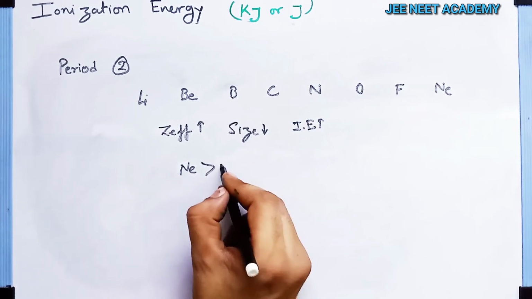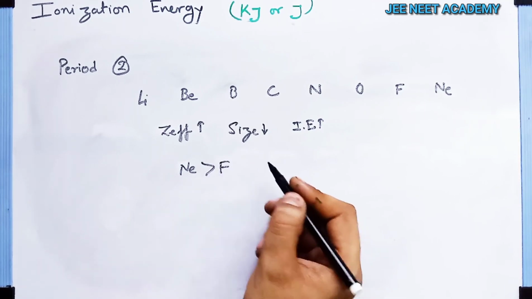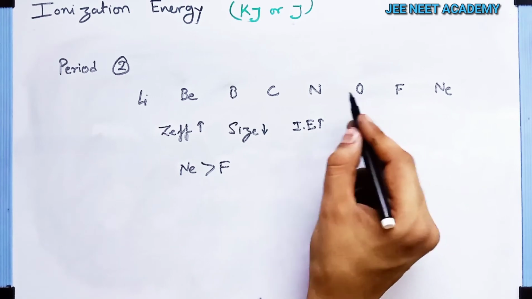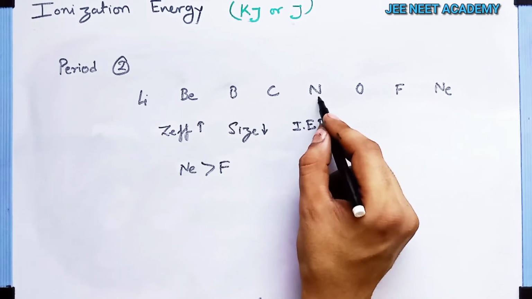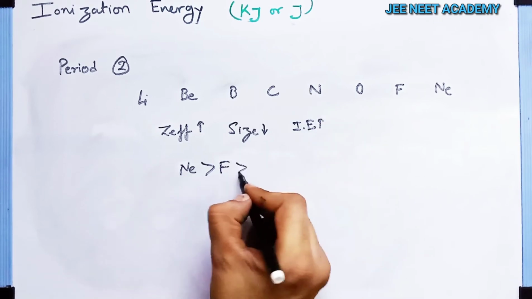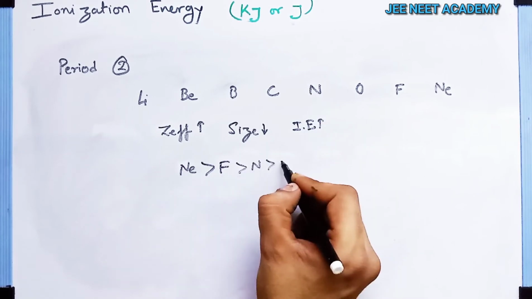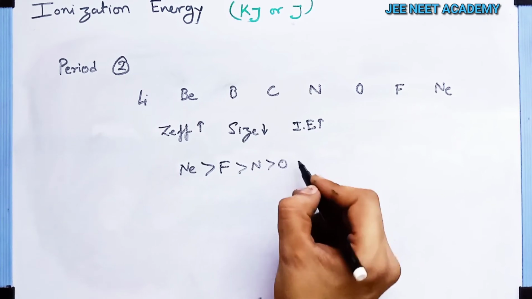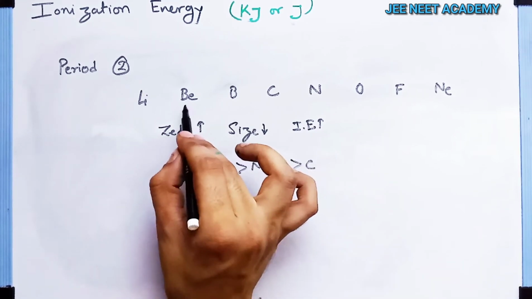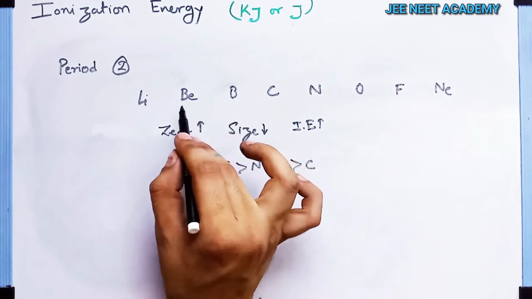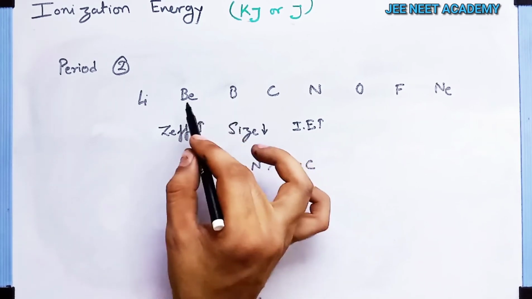Then fluorine. Then in comparison to oxygen and nitrogen, nitrogen is half filled. So nitrogen will need more ionization energy. Then oxygen. Then carbon. Then compared to beryllium and boron, the order should be boron more, beryllium less.